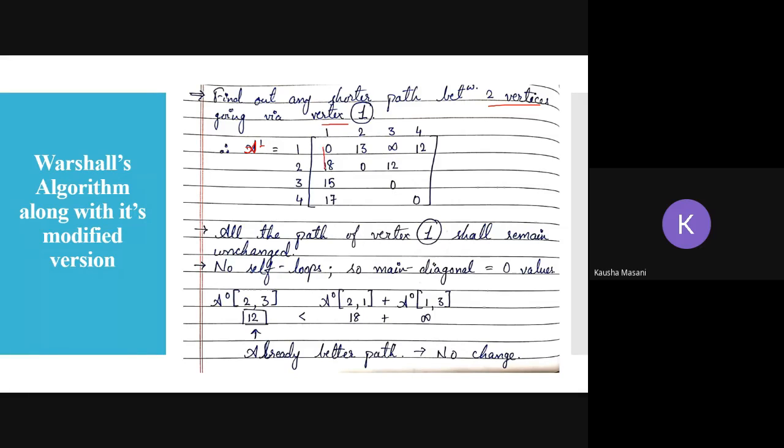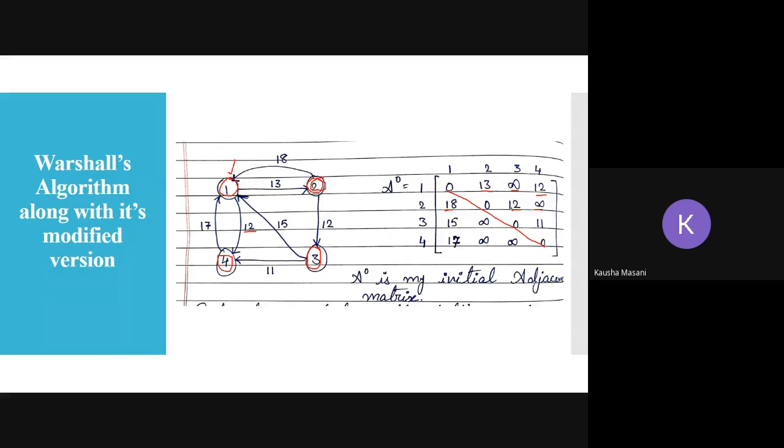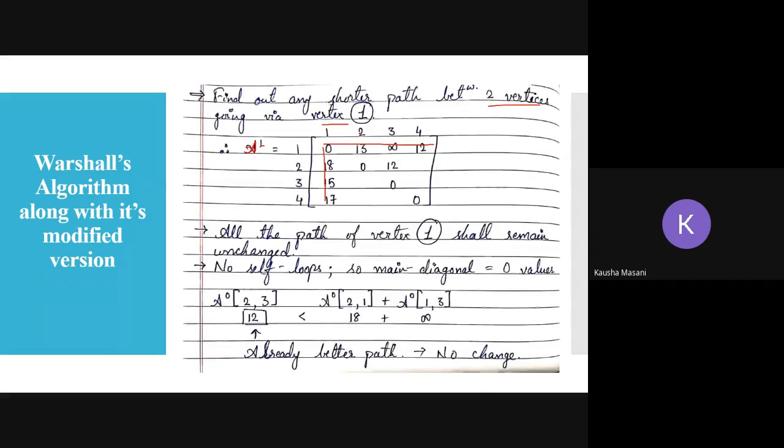Okay, the row and the column values of this one will remain as it is. Okay, see here the values was 0, 18, 15, 17, 0, 13, infinity and 12. So that will remain as it is. And all the remaining blank values, this is the blank value here, this is the blank value here, this is the blank value here, and these two are the blank values.